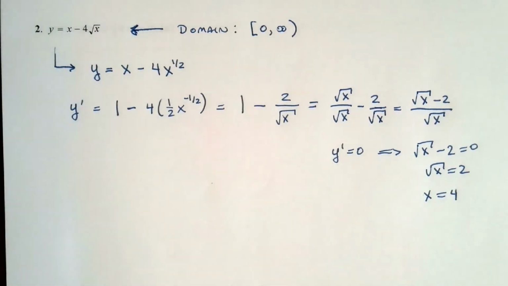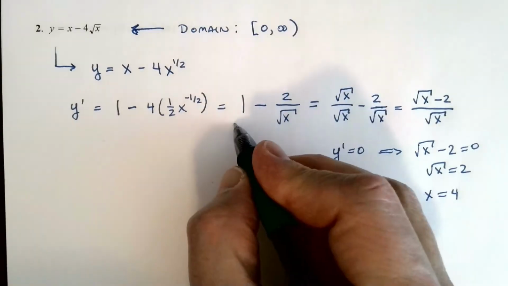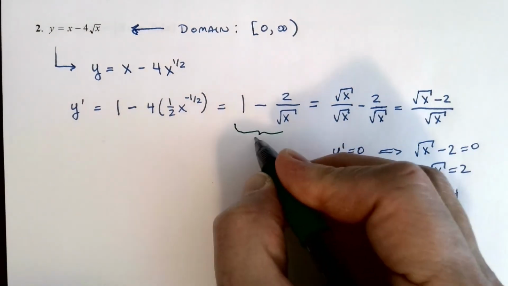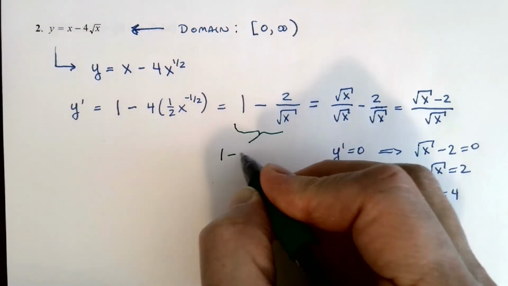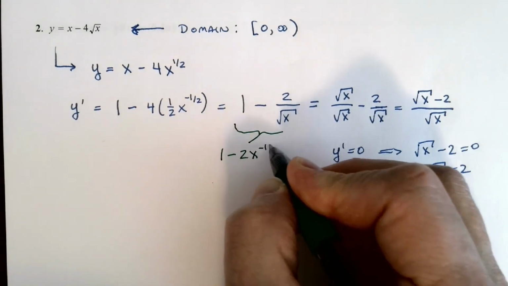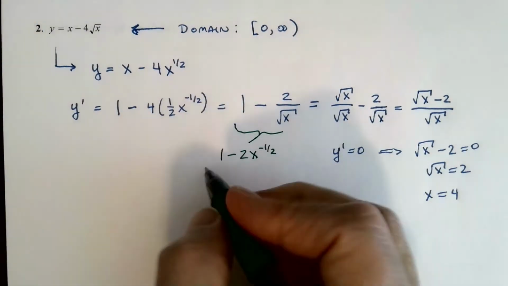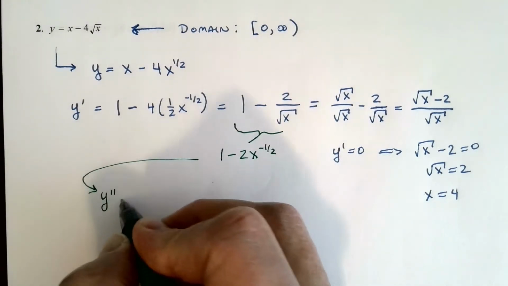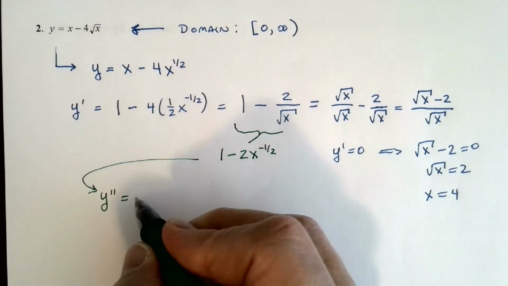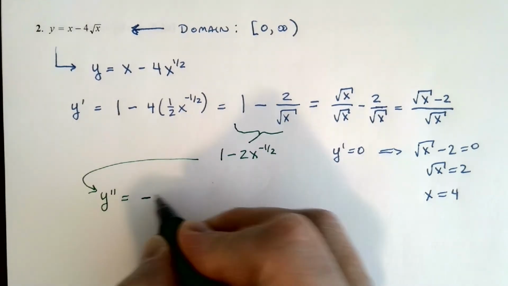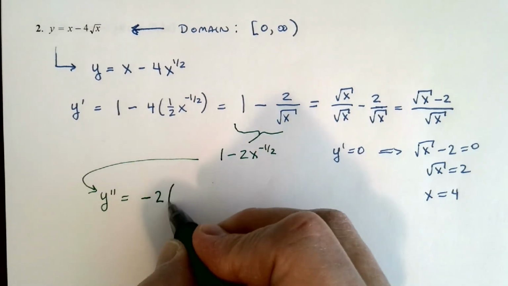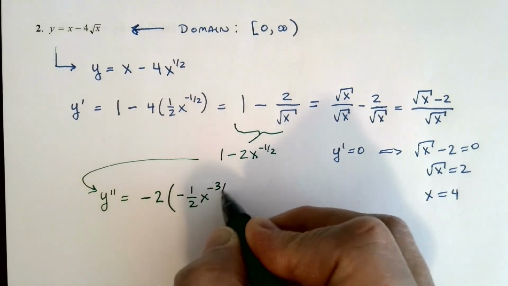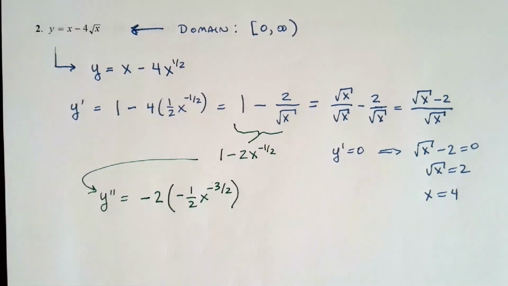Okay, let's look at the second derivative. I'm going to rewrite this as 1 minus 2x to the negative 1/2 in order to find y double prime. Derivative of 1 is 0, and then I've got minus 2, and then the derivative of x to the negative 1/2 is negative 1/2 x to the negative 3/2 by the power rule.